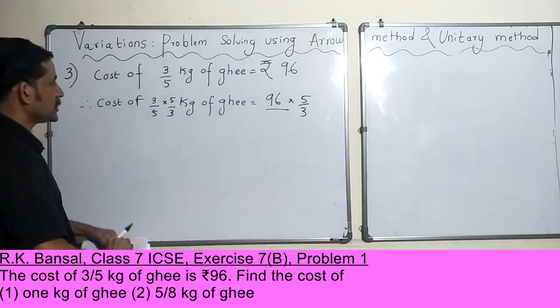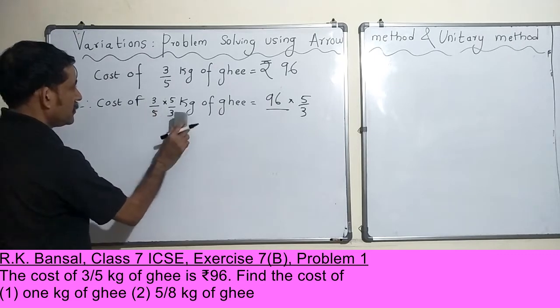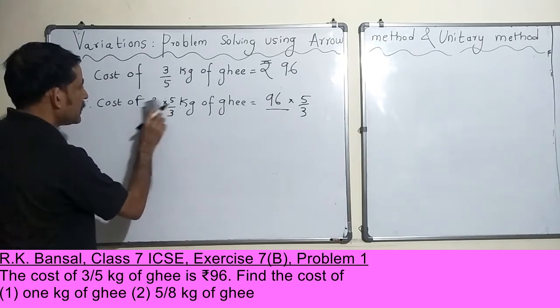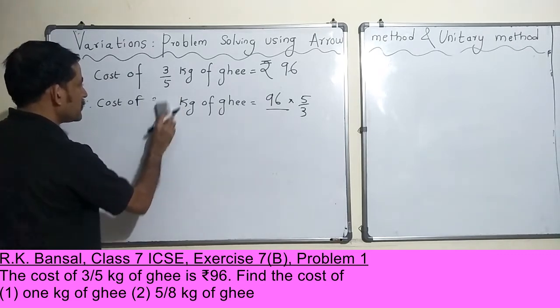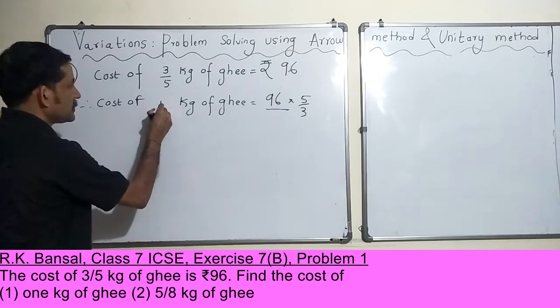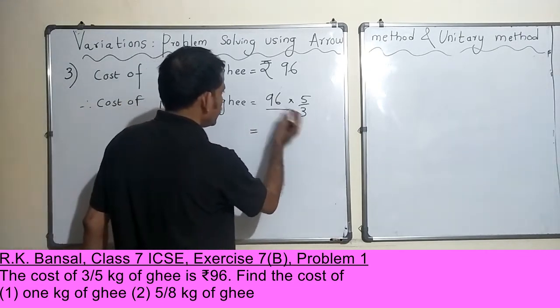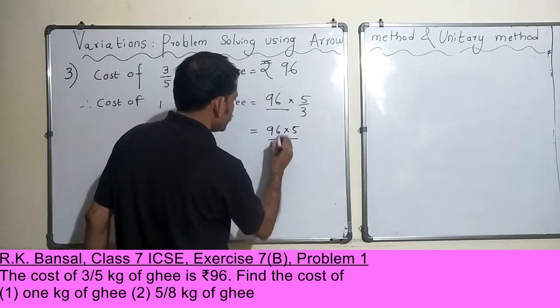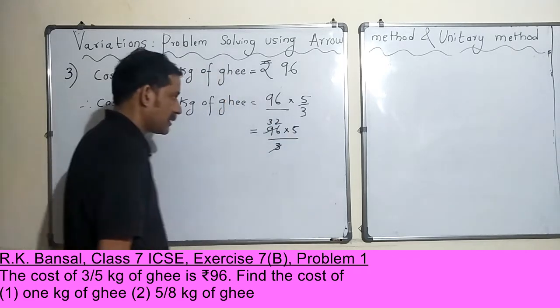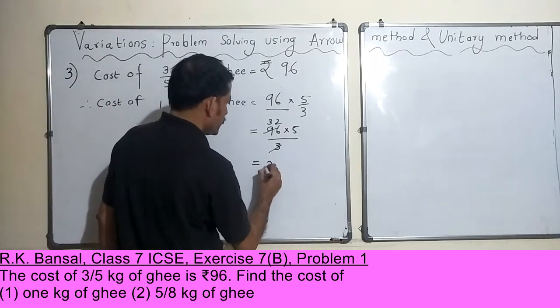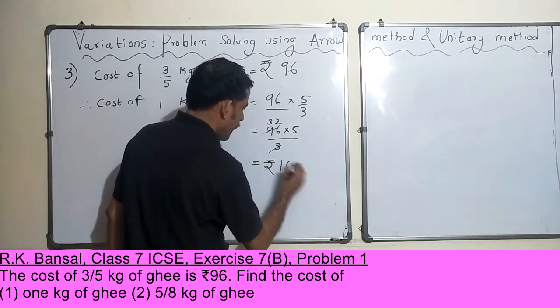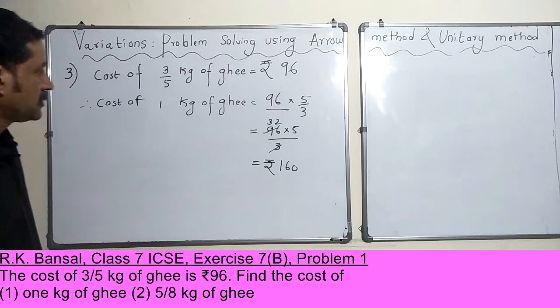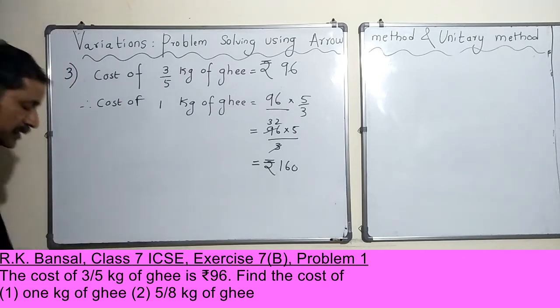So this becomes 1, the 3 is gone, the 5 is gone. So this becomes 1 kg and this is the answer, right. So, 96 into 5/3 is 3 ones are 3, 32. Is this correct? 32 into 5 is equal to rupees 160. Correct? So, cost of 1 kg of ghee is rupees 160.